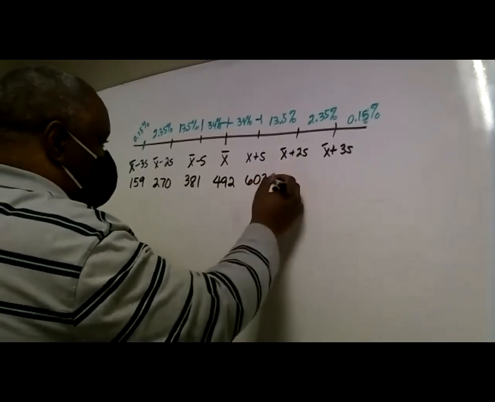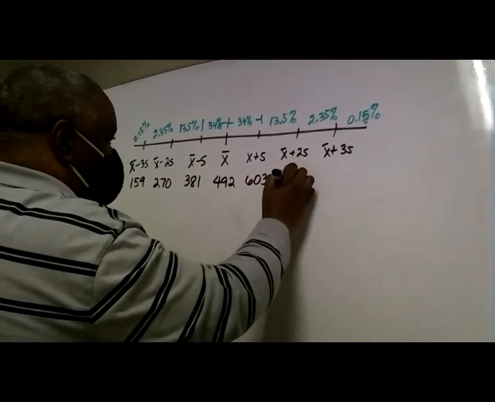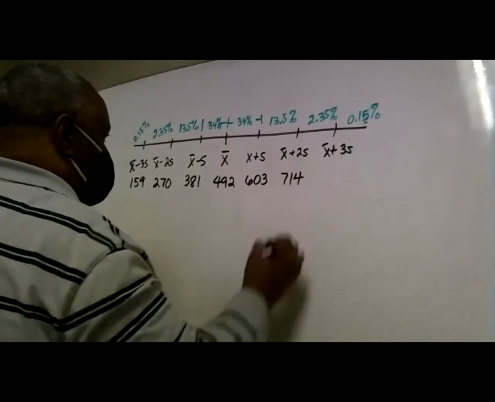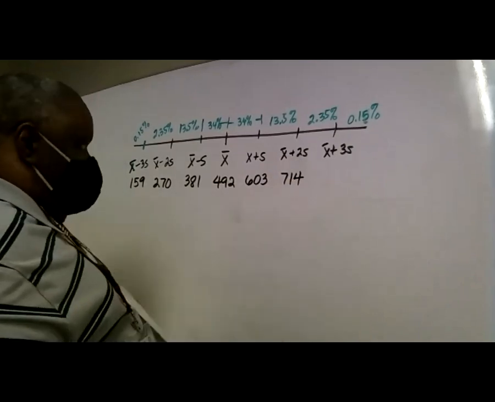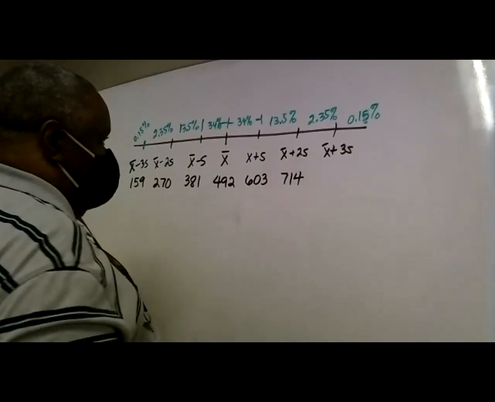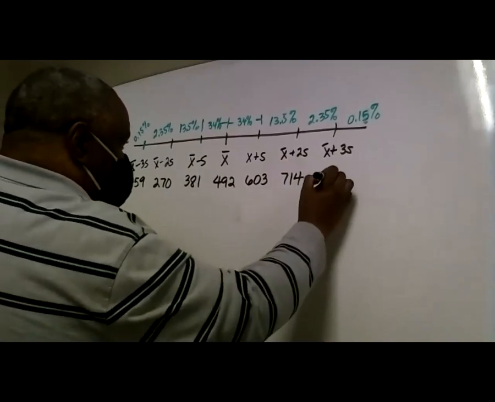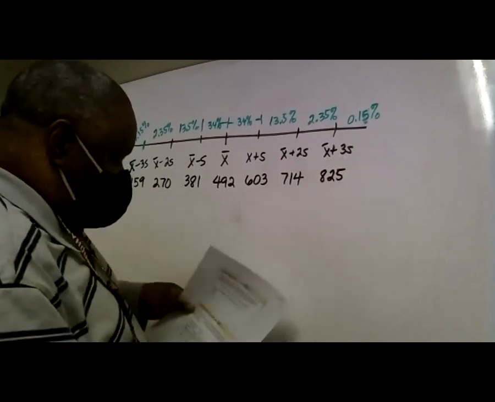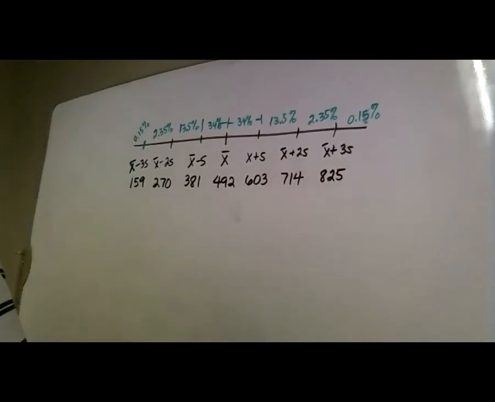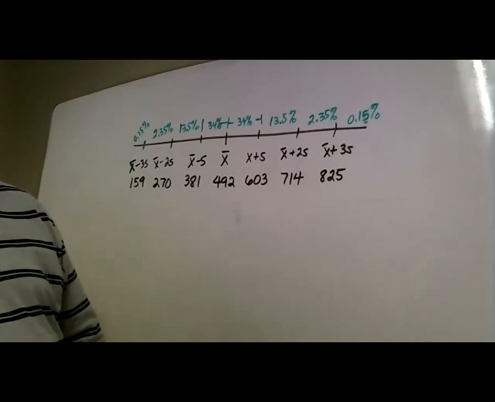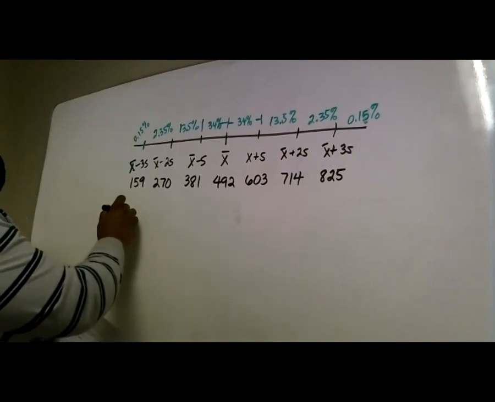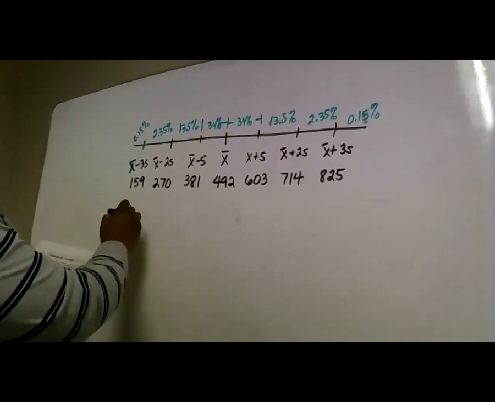Add 111 to 603, you'll get 714. And then the next test score that represents 3 standard deviations to the right would be 825. Okay, so we're going to use this to answer these questions.